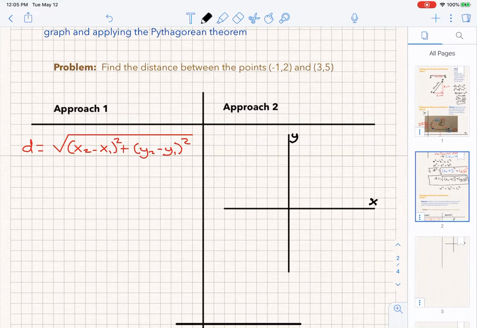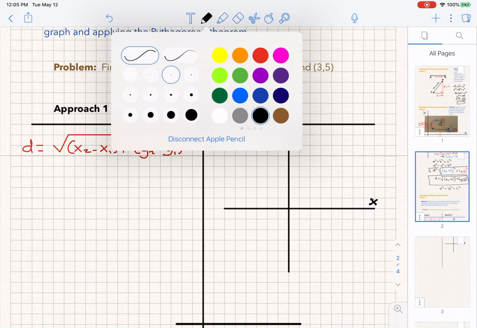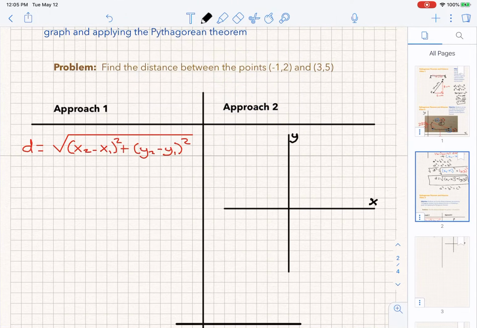All right, the problem says find the distance between the points -1, 2, and 3, 5. And the first approach is using the distance formula. And if you're going to be using that approach, the important thing, I think, is to be really particular and careful. Students who succeed at this often do what I'm doing right now. They label this.